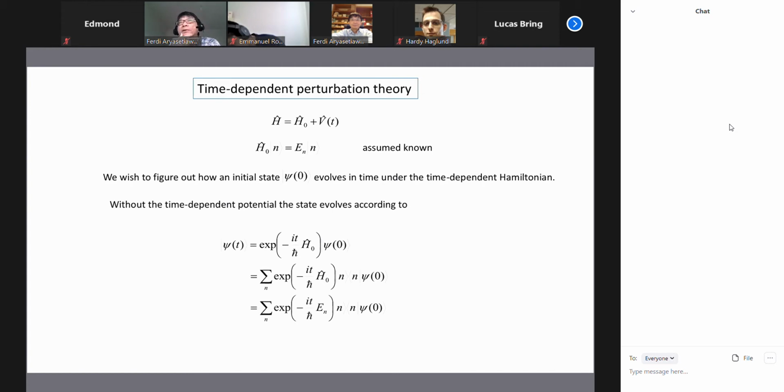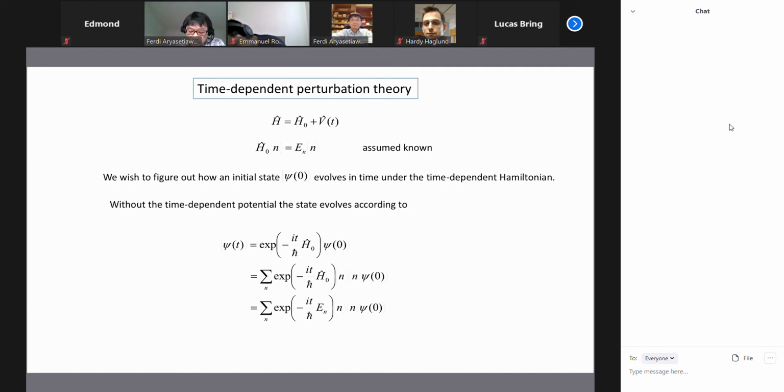And we considered how an arbitrary state evolves under this Hamiltonian. But the Hamiltonian itself is static. So now we would like to consider the case where the Hamiltonian itself is time dependent.